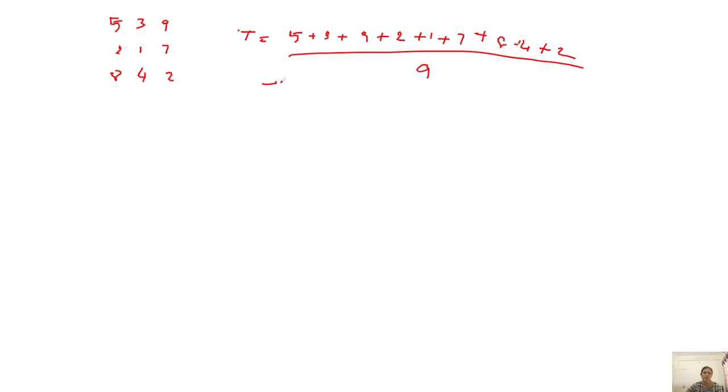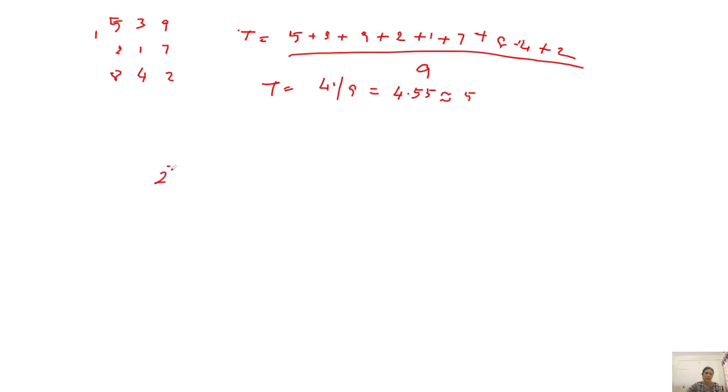So I am getting 41 divided by 9, which comes to around 4.55. Approximately, I am just taking it as 5. So this is my first threshold T, and this is my first step. Now what am I going to do in the second step?